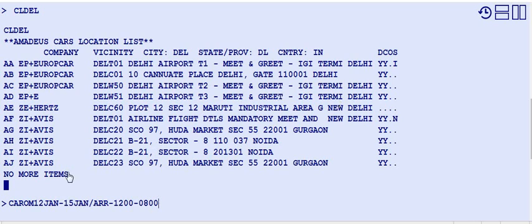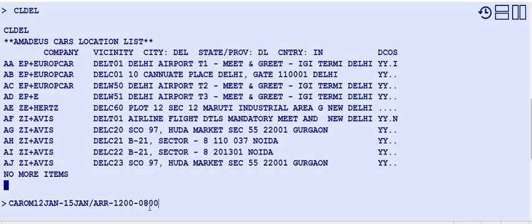CA stands for car availability in Rome, and I want the car from 12th of January till 15th of January for my guest. The guest would be arriving at the airport at 12, so the pickup has to be done from the airport for the customer. That would be on 12th of January at 12 noon, and the drop on 15th of January at the airport would be at 8 a.m. in the morning.